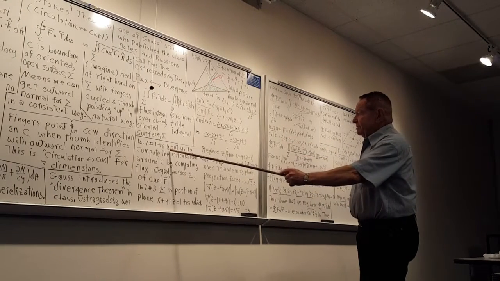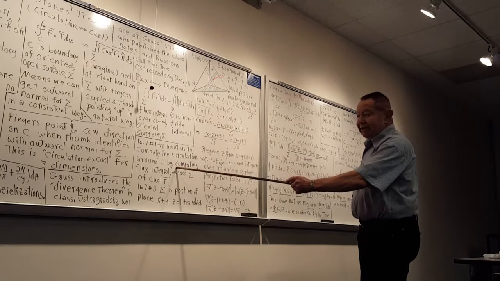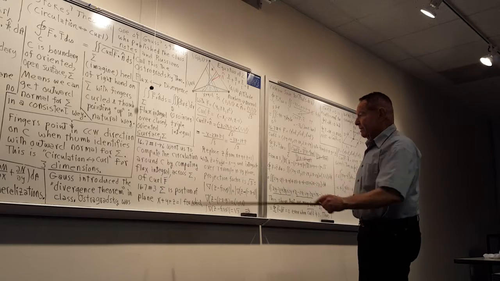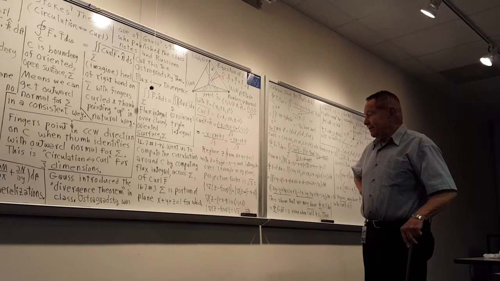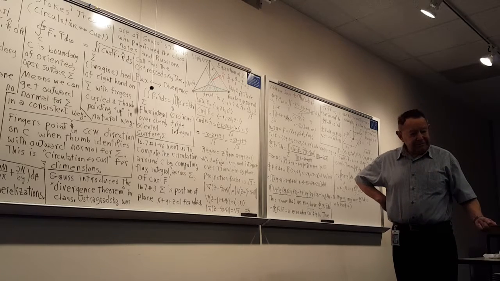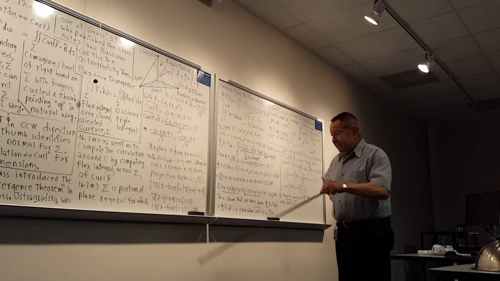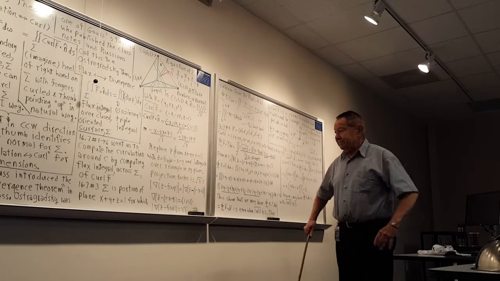Problems 1 through 6 want us to compute the circulation around the boundary by computing the flux integral across the Stokes theorem type surface that we call sigma.